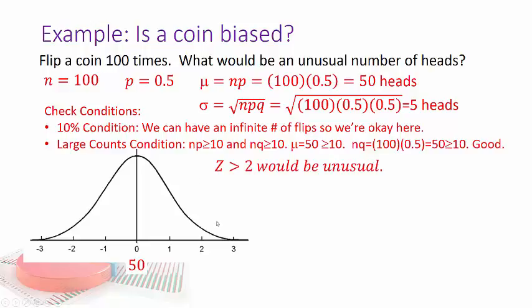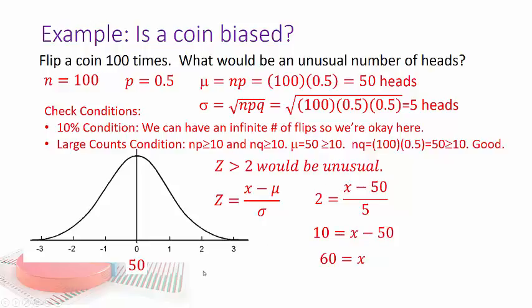So we agree that z greater than 2 for now would be unusual. We haven't really given you a lot of tools for this part yet, but we're going to say greater than 2. So go ahead and calculate the z-score for the x for 2 standard deviations, because this time I'm actually starting with the z. And so I get 10 equals x minus 50, or 60. So that means 60 goes here, which kind of makes sense.